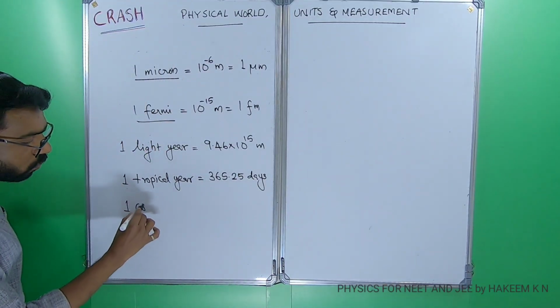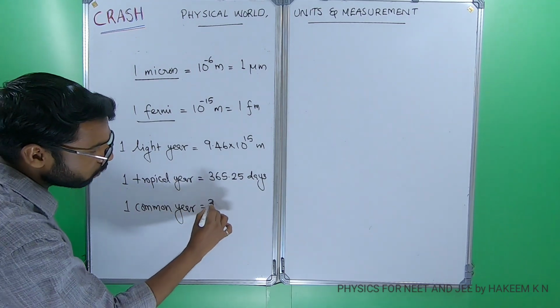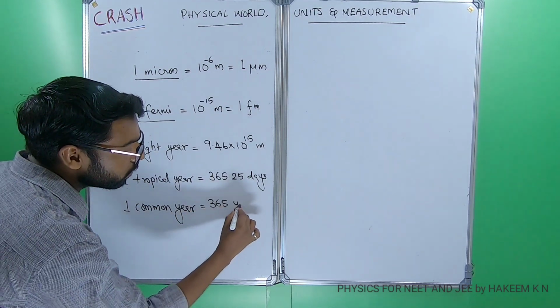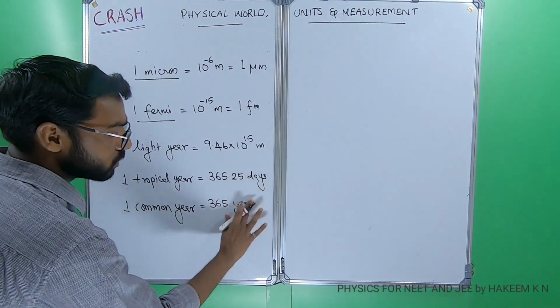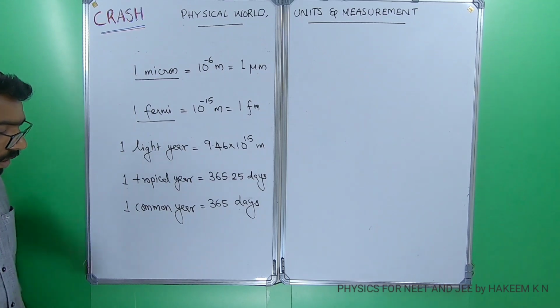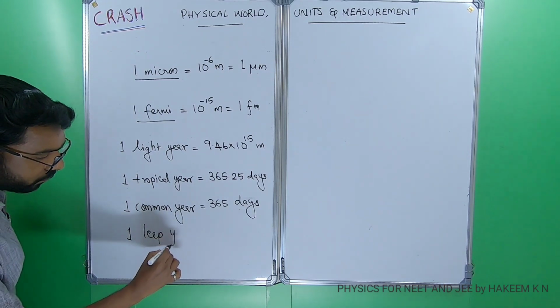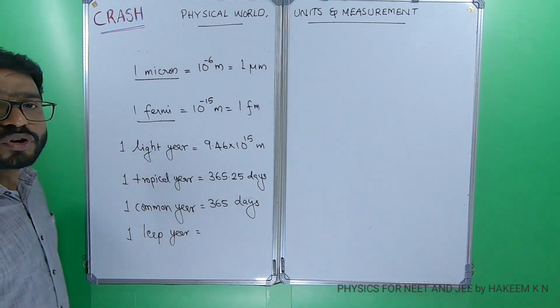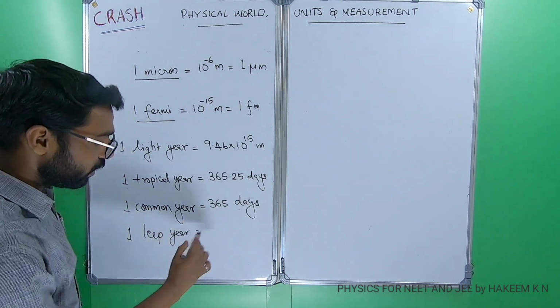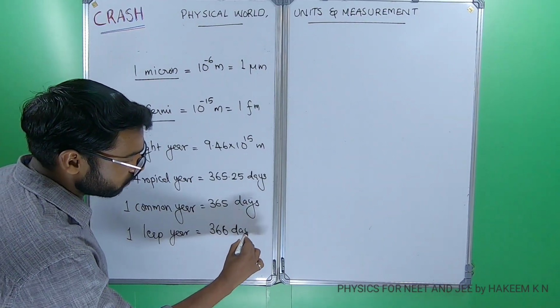And what is one common year? One common year is one calendar year. It is 365 days. And one more thing, one leap year. We know that 2020 is a leap year. Leap year means it contains 366 days.